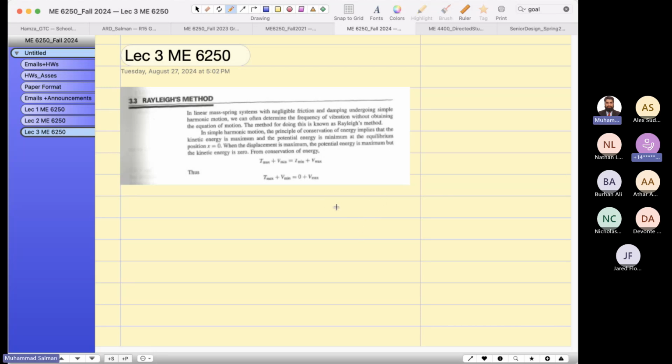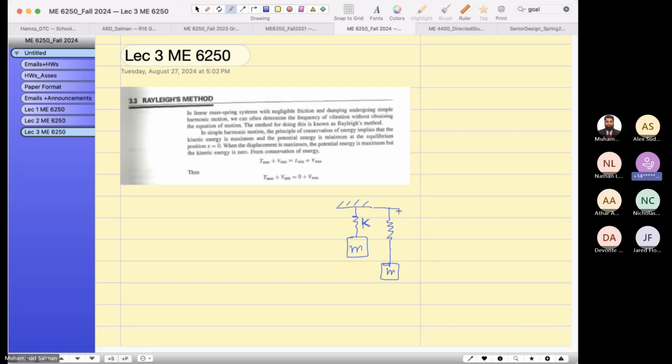For example, if you have a spring here with stiffness K, the mass is here. So when you attach the mass, the spring deflects and it elongates.